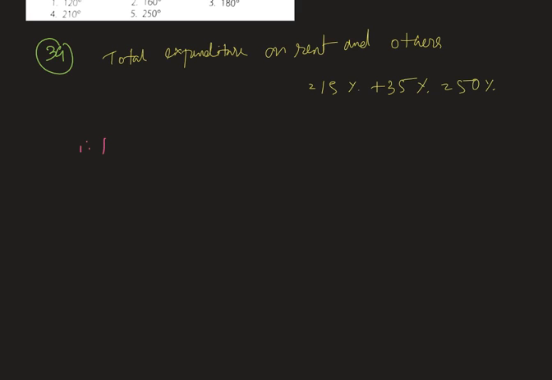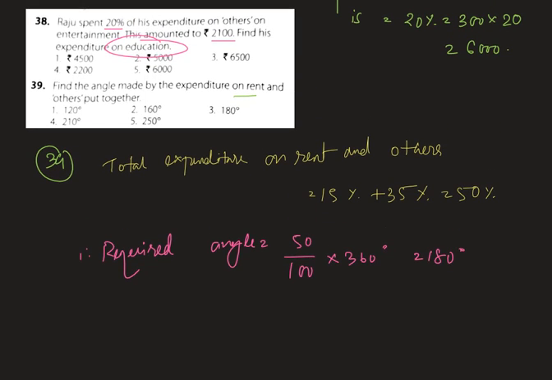Therefore, the required angle is equal to 50% multiplied by 360 degrees, which results in 180 degrees. So the required answer will be 180. And for the first question, the required answer is option 5, which is 6000.